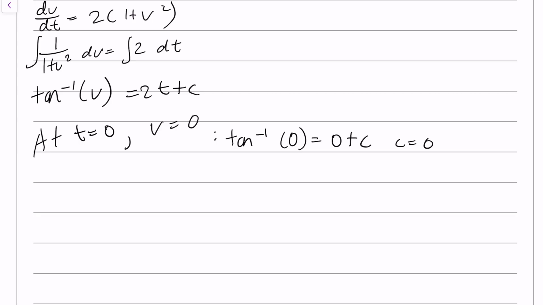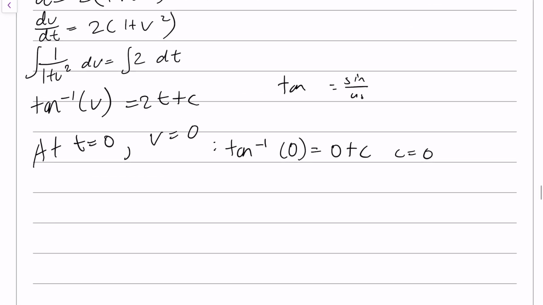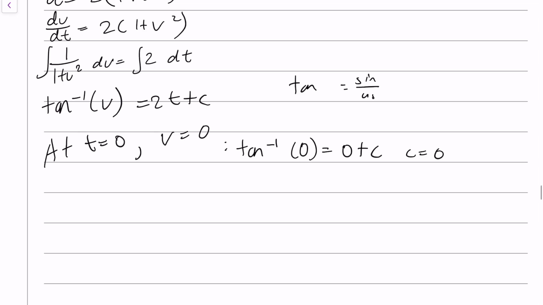Because we know that tan is just sine over cos, and in order to get 0, I just need to have the top as 0, which is sine. It's just common knowledge that the inverse tan of 0 is 0. I think knowing your exact values for inverse tans and sines and cos are pretty important as well.